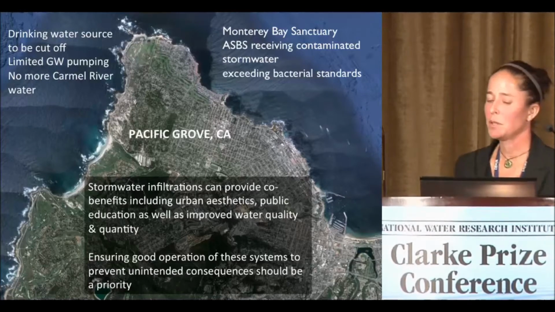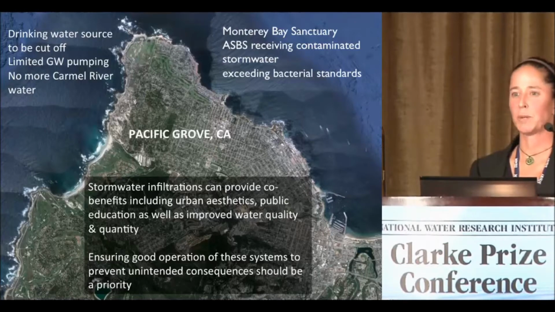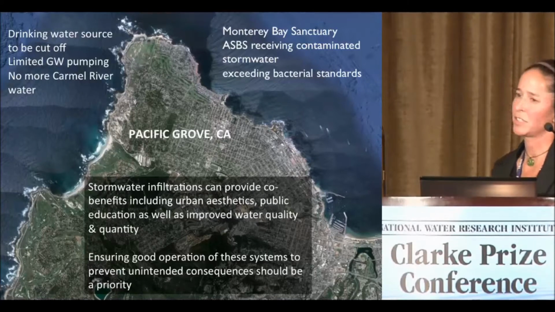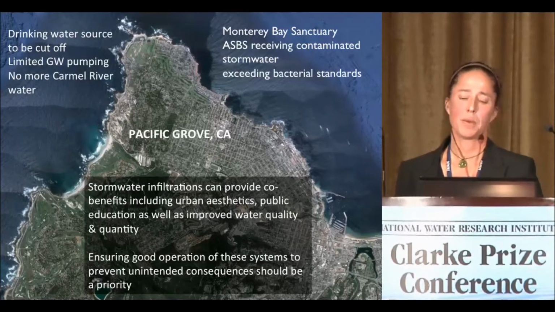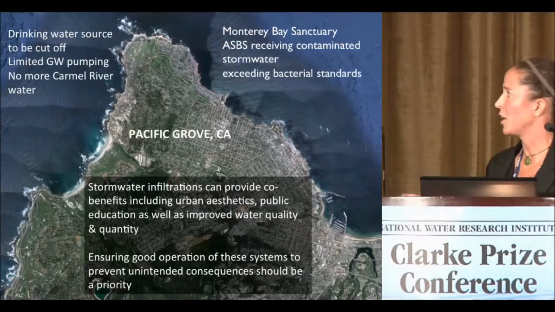At the same time, they're right adjacent to the Monterey Bay Sanctuary. It's an area of special biological significance, and it's contaminated with stormwater, and it exceeds bacterial standards all the time. And they have very strict regulations on all stormwater discharges there along this area of special biological significance.